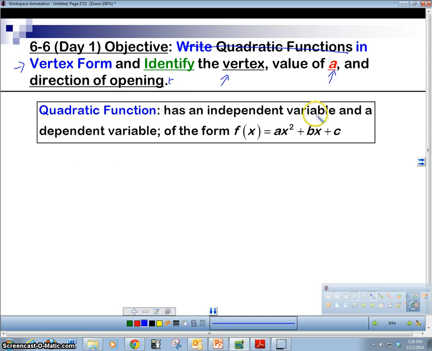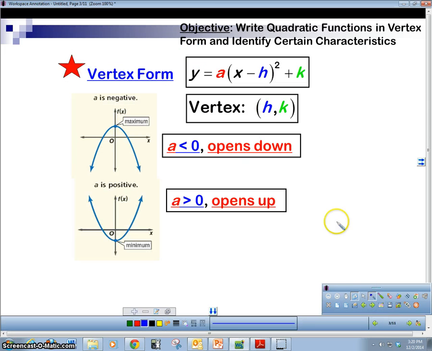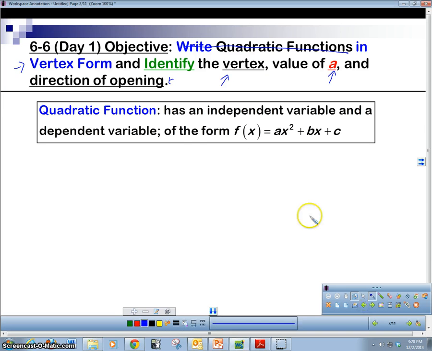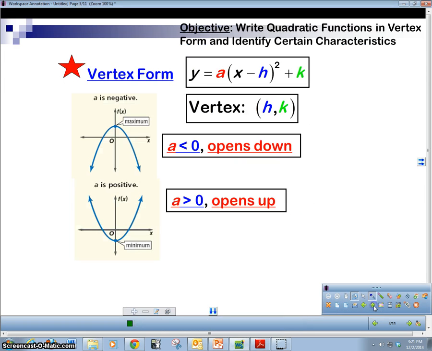A quadratic function is any function that is in this form: ax squared plus bx plus c. Now we can write a quadratic equation, a quadratic function, in two ways. We can write it in this way, which is standard form, or we can write it this way, which is vertex form.